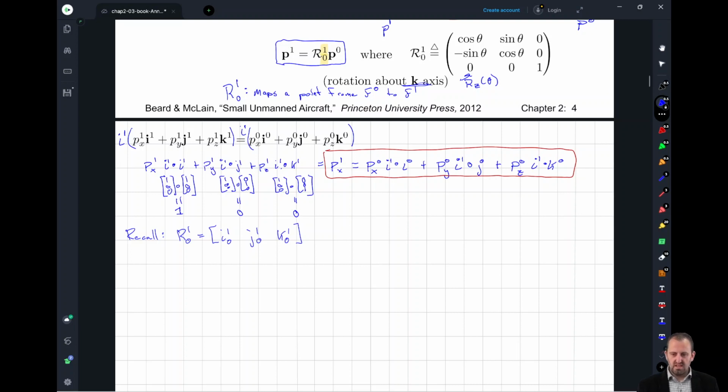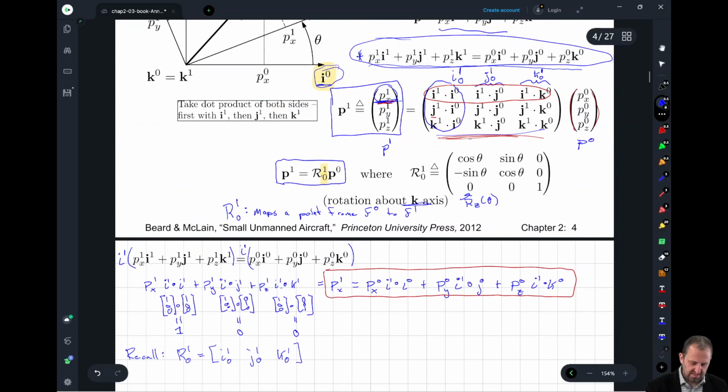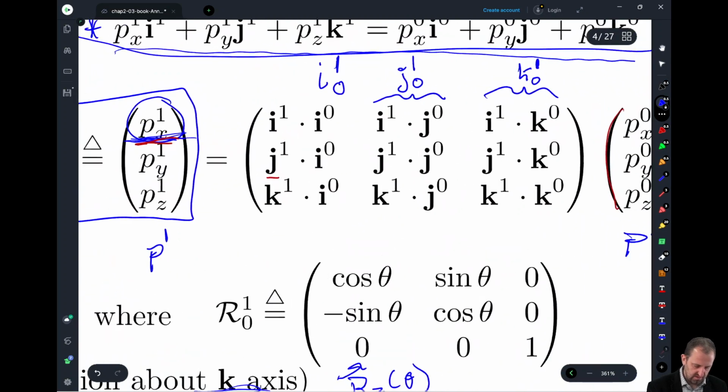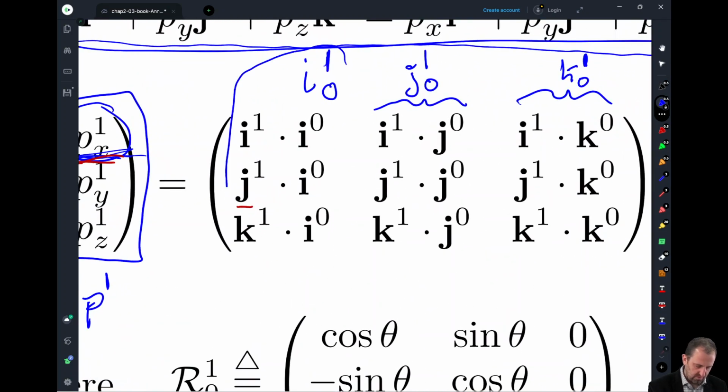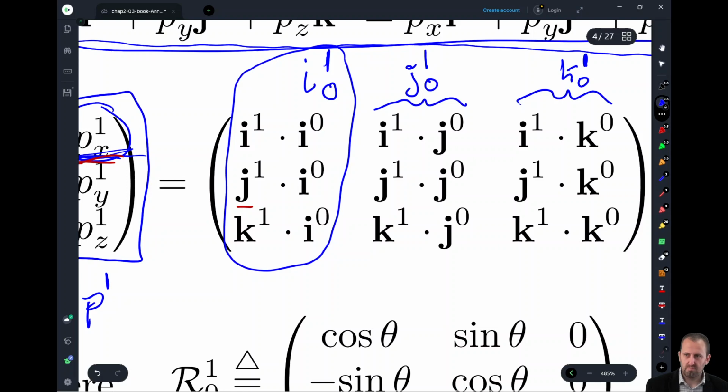I also made the claim that this first column is what I wrote previously as I0 written in frame 1.